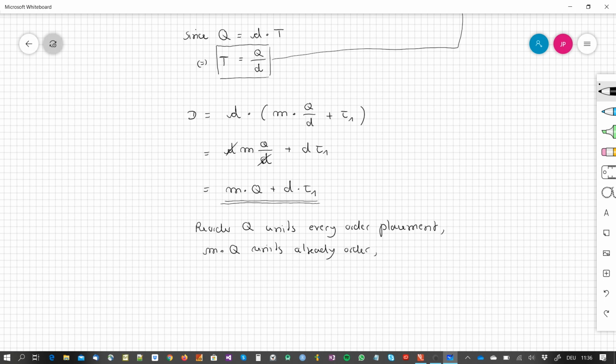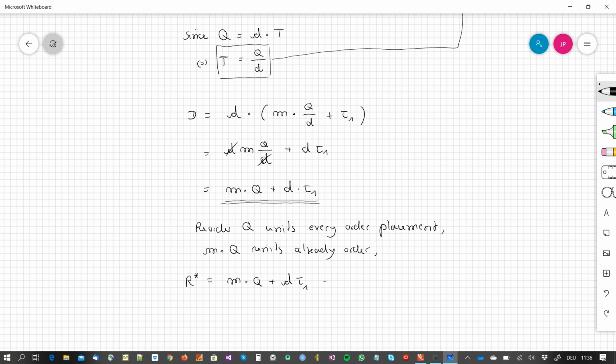And that means for the optimal reorder point with positive lead times, that would be multiplied by Q that we had already for the expression of the total demand at that point.